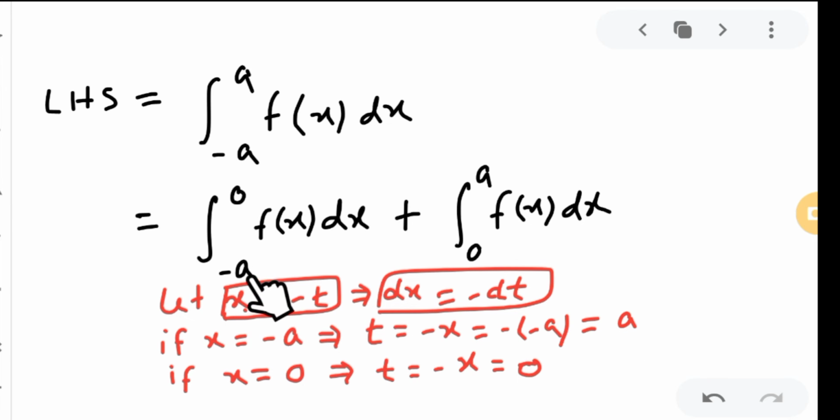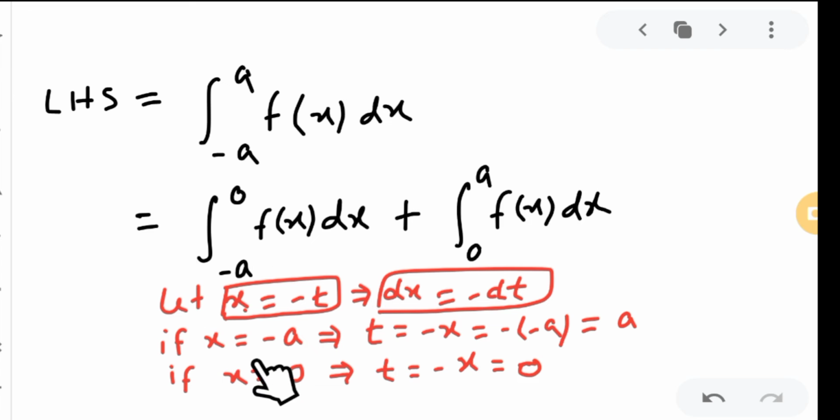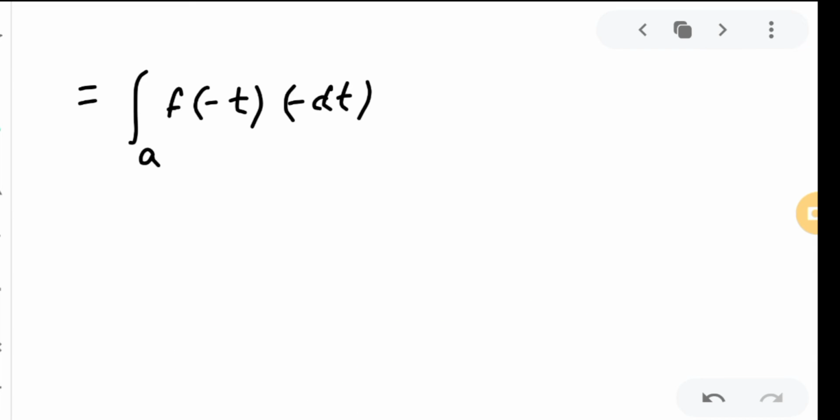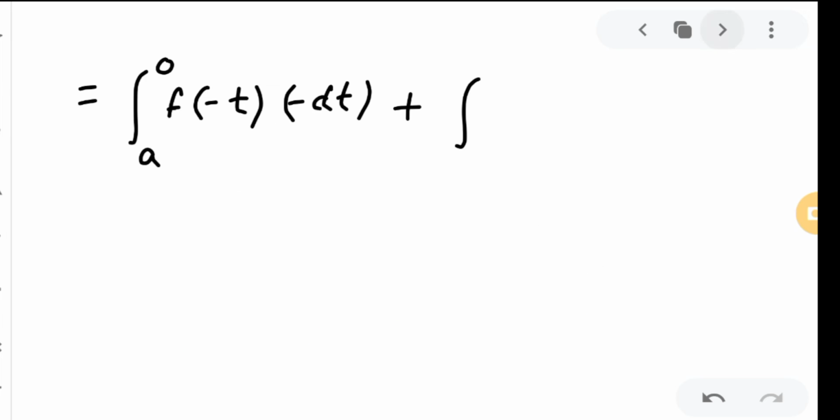So in place of minus a I will write a, and when x was 0 then t was also 0, so 0 will be replaced with 0 only. Correct? And plus, in the second one I have not performed anything, so it will be the same, 0 to a f(x) dx.